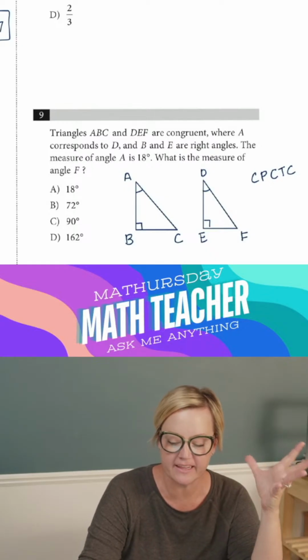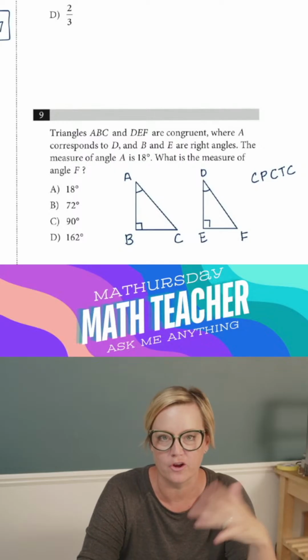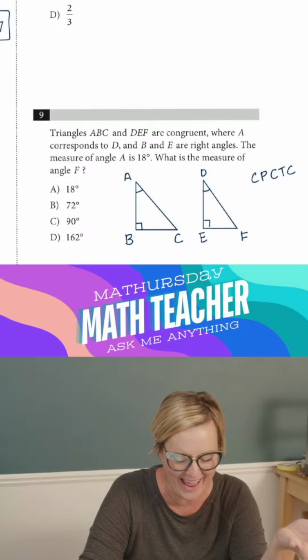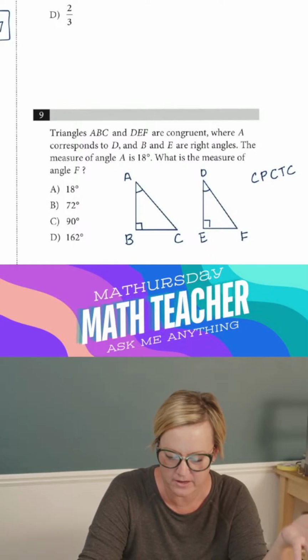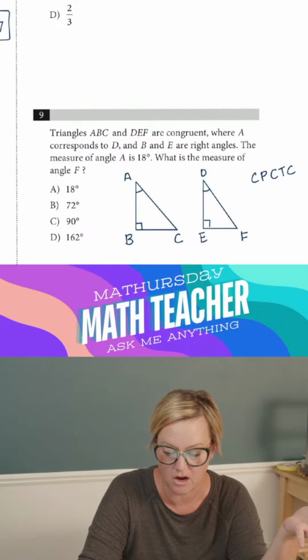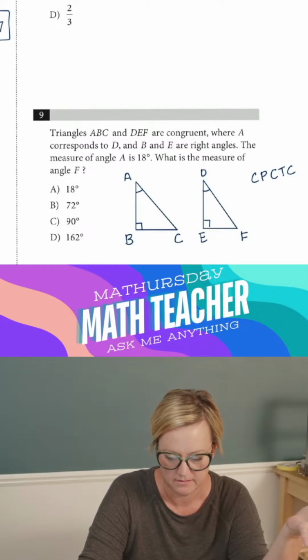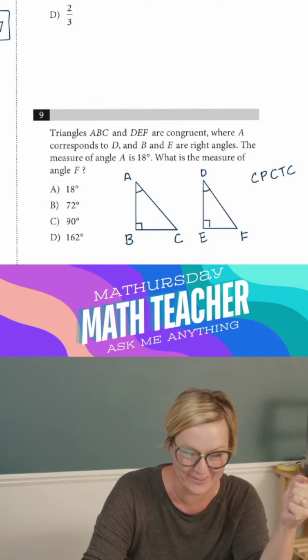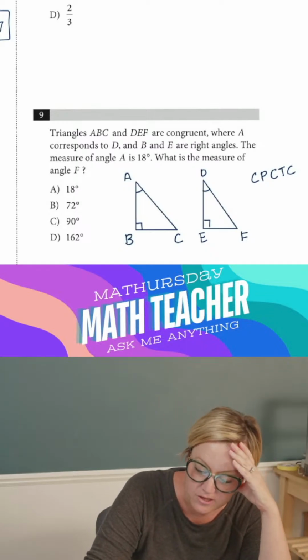Anyway, basically the corresponding parts of congruent triangles are congruent, okay? Yeah, it's CPCTC, right? Corresponding parts of congruent triangles are congruent. I think that's what it is. Okay. All right. So A and D.